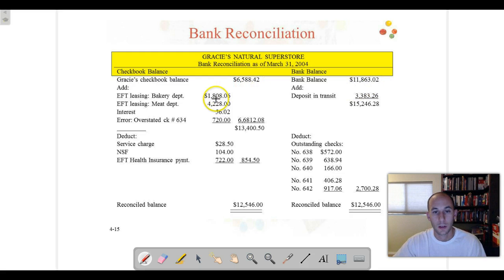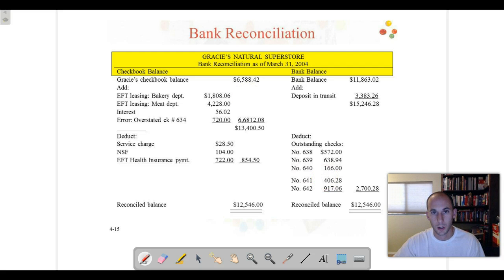And then all these here have occurred on the bank side but have not yet occurred on our checkbook side, so we're adding them to get them into balance. So we go through our list. At the end, we need it to be balanced, and we call that reconciled, that the 2 amounts match each other, our checking and our bank side.